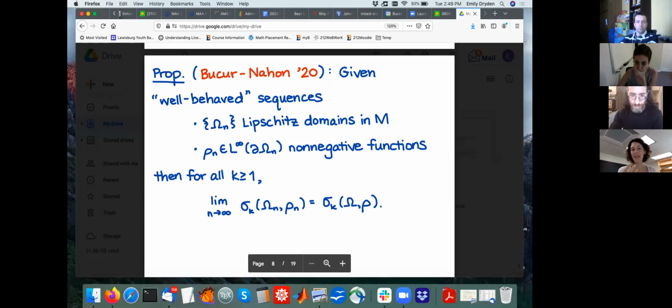If we have some nice sequences, then the limit of sigma k of those sequences is the sigma k of what you think of as the limiting domain and the limiting weight rho.